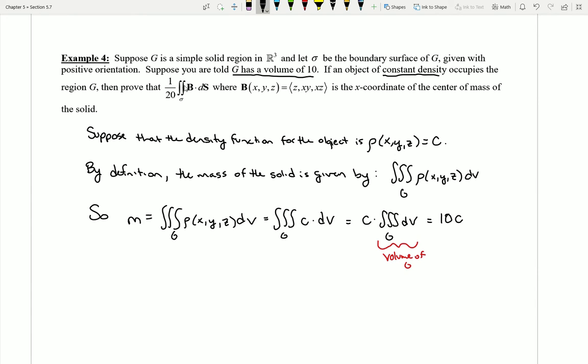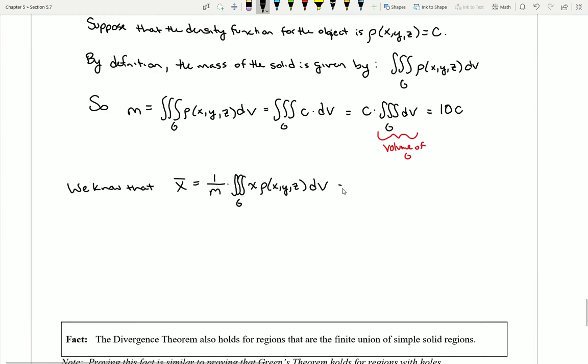Well, now if I want to show that this integral is the x-coordinate for the center of mass, why don't we just try to find what the x-coordinate is? So I'll say down here, we know that to find the x-coordinate for my center of mass, I have to do 1 over the mass, and I have to multiply by the triple integral over G of x times my density. Okay, so let's try to simplify this with some of the pieces that we know.